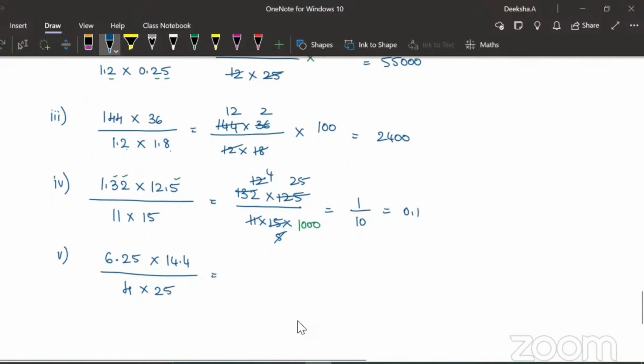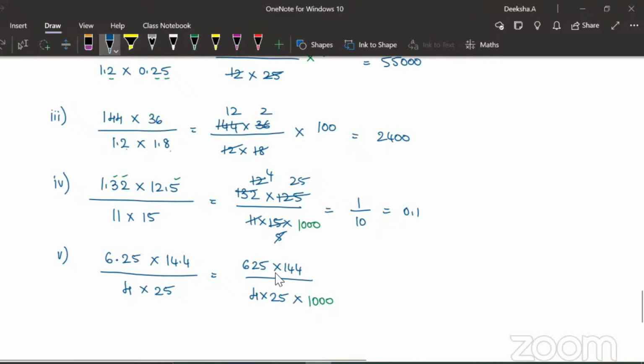So rewrite the number without any decimal point. So you get 625 into 144 divided by 4 into 25. Here decimal number is there only in the numerator. So we write the balancing factor in the denominator. 1, 2, 3. 3 digits are there after decimal point. So we write 3 zeros here after 1.